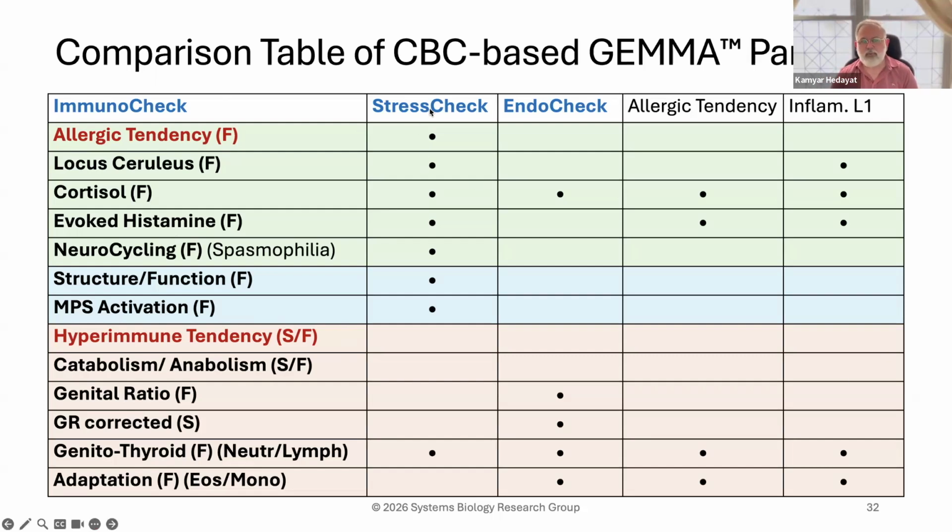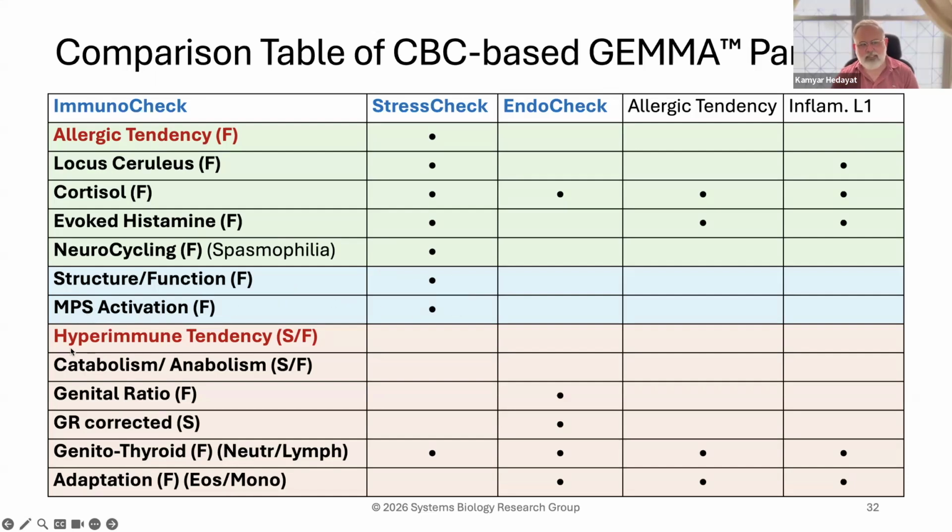This table will also show you if those indexes are found in any other GEMMA panels. As you can see, we have StressCheck and EndoCheck in blue because they're super panels like ImmunoCheck. Just for reference, we also have the allergic tendency and the inflammation level 1. We have the structure function index, which we saw in StressCheck, and the macrophage phagocyte system activation index, which was also found in StressCheck.